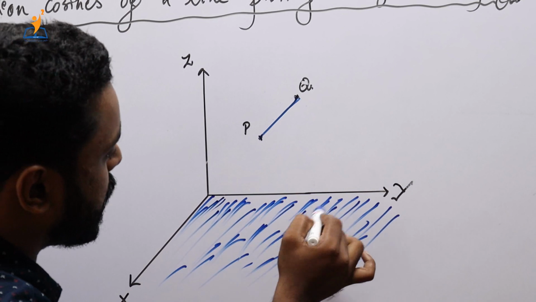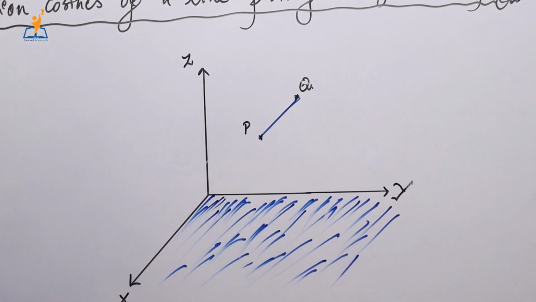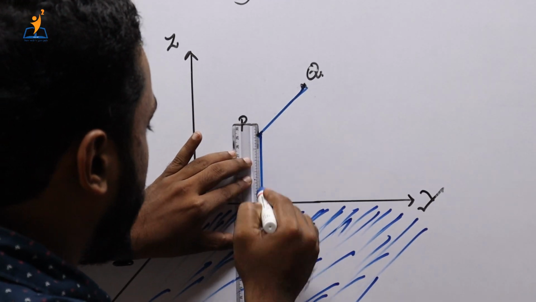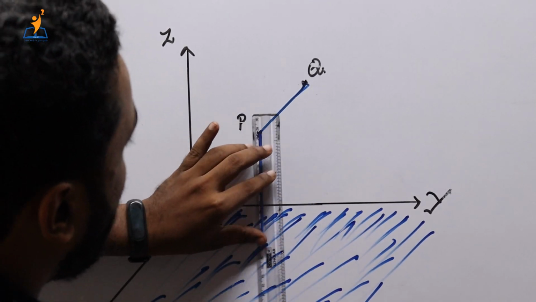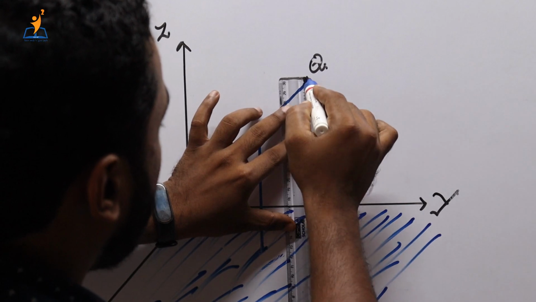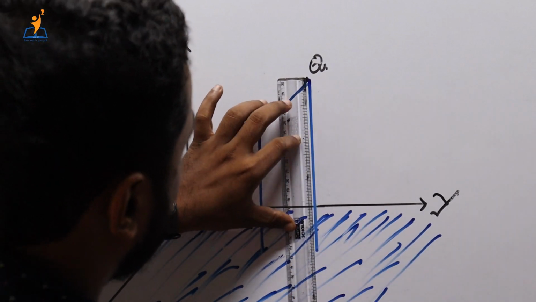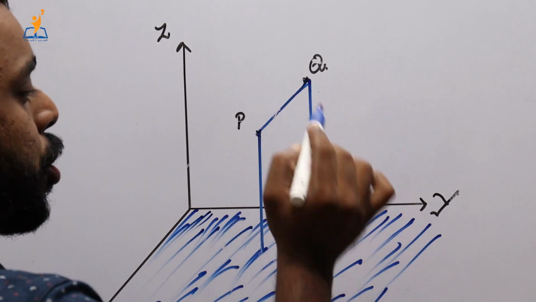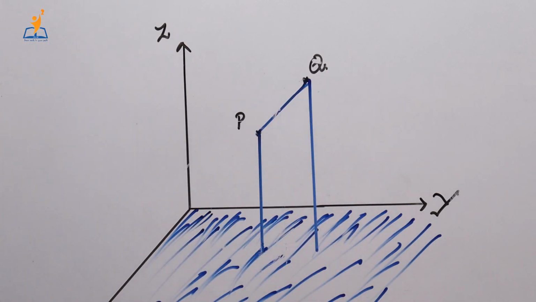Z axis is absent here. So I am going to draw a perpendicular from P to the XY plane and from Q to the XY plane. This is just a construction in order to find the direction cosines of the line passing through P and Q. So I obtained a figure like this, right?